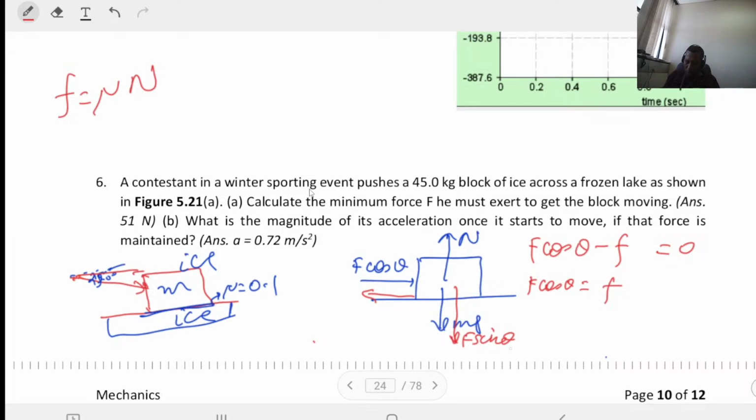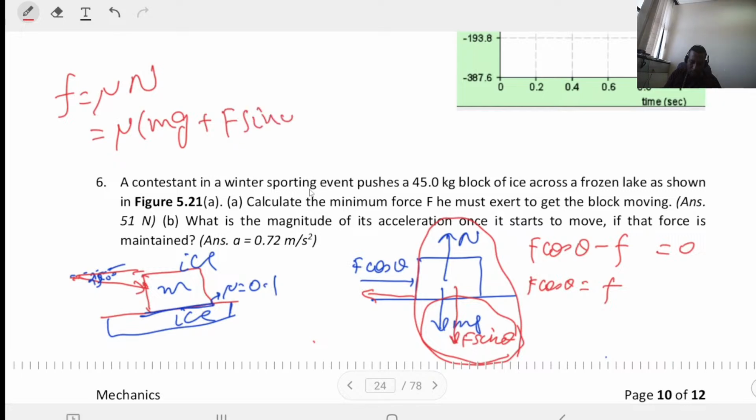What is the normal force? Because this object is not going up and down, the normal force must be equal to mg plus F sine theta, both of them. So the friction is mu times (mg plus F sine theta). Then if you put this together, F cos theta must be equal to mu mg plus mu F sine theta.